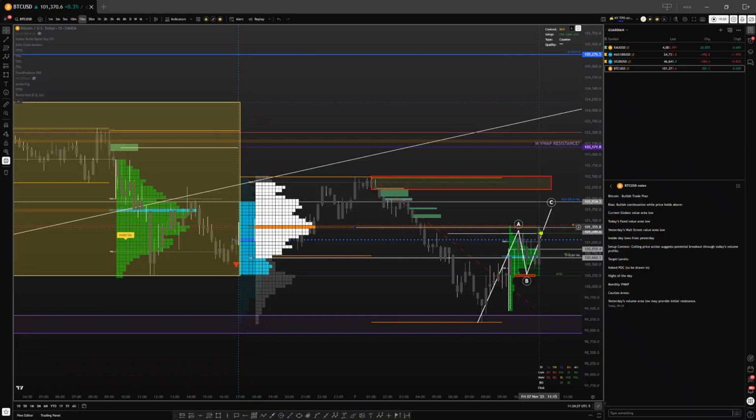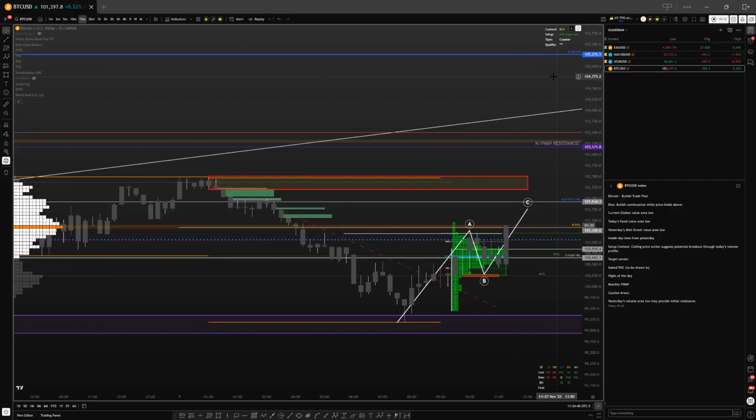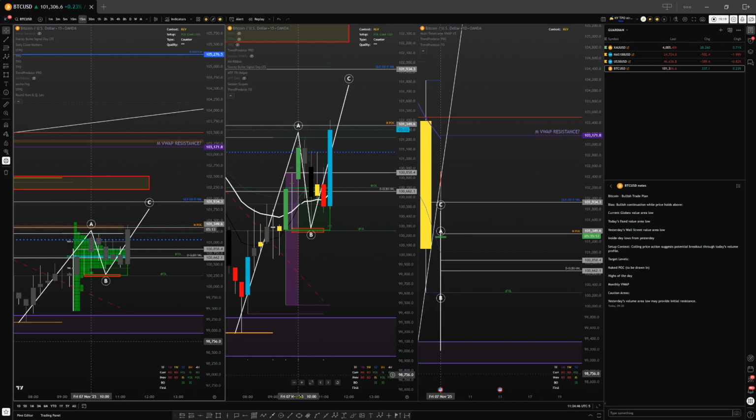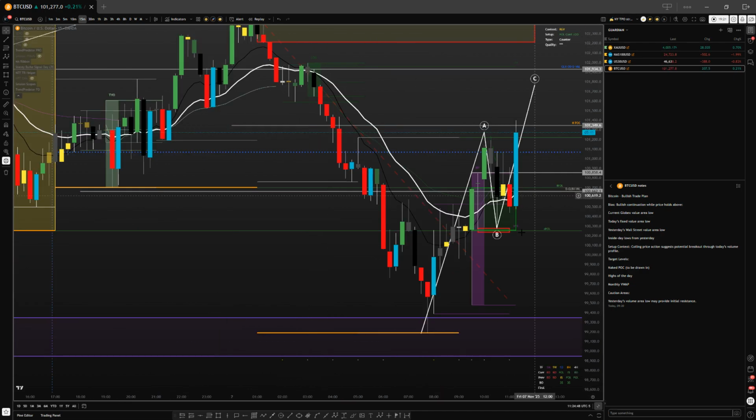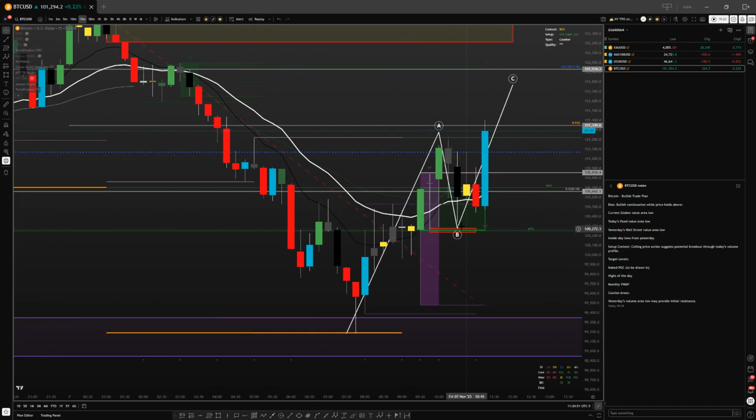What we're looking for is the price to rotate through this profile up into our value area high for our take profit. So this has been a late mover, but an A, B, C leg.